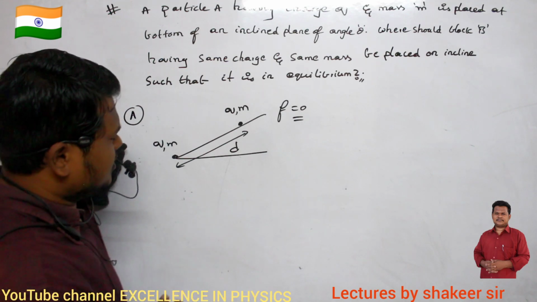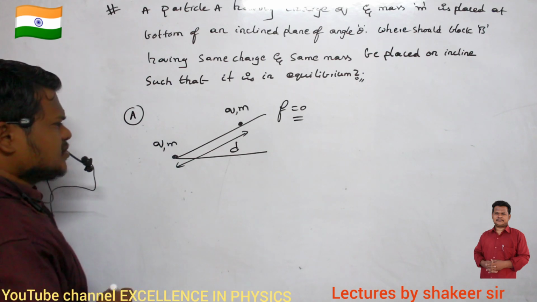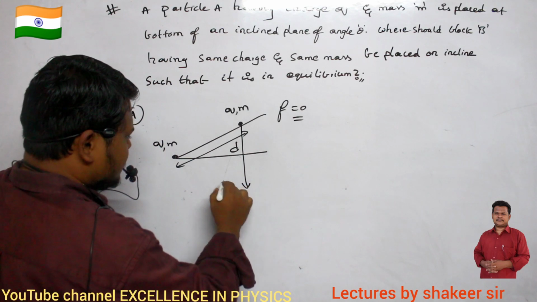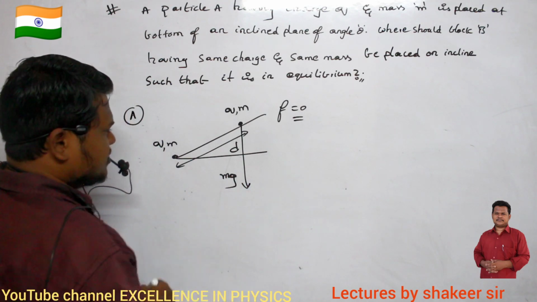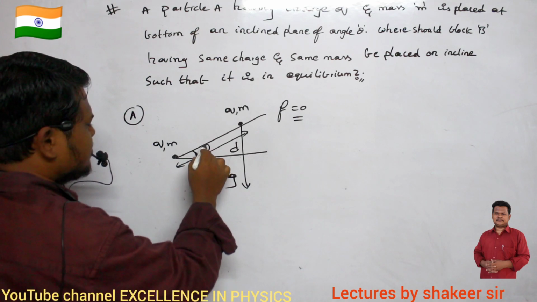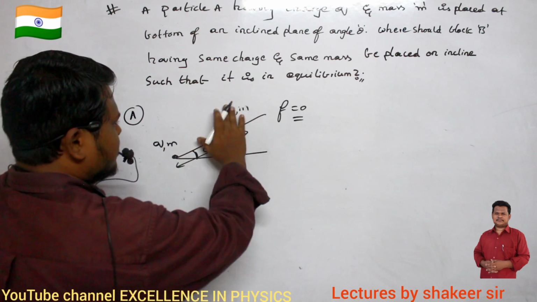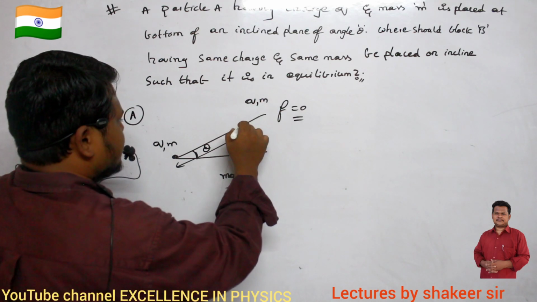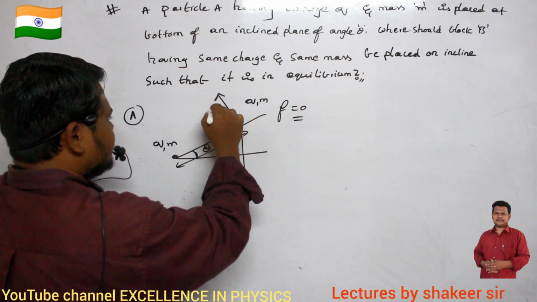Now can you say how many forces are acting on this one? Its own weight will be acting in the downwards direction. mg will be acting in the downwards direction. What is the angle of inclination? The angle of inclination is theta. Still, how many forces are acting? Normal reaction is acting in this direction. This is the direction of normal reaction.